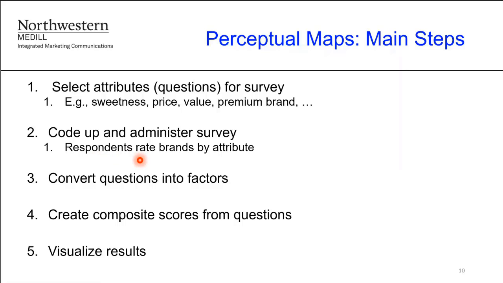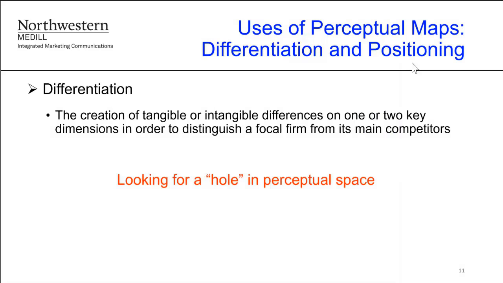Generally we use a rating-based method for this survey, and then convert questions into factors using factor analysis. Then we get composite scores or factor scores from the questions, and using these scores, we can visualize the result. That is the perceptual map.